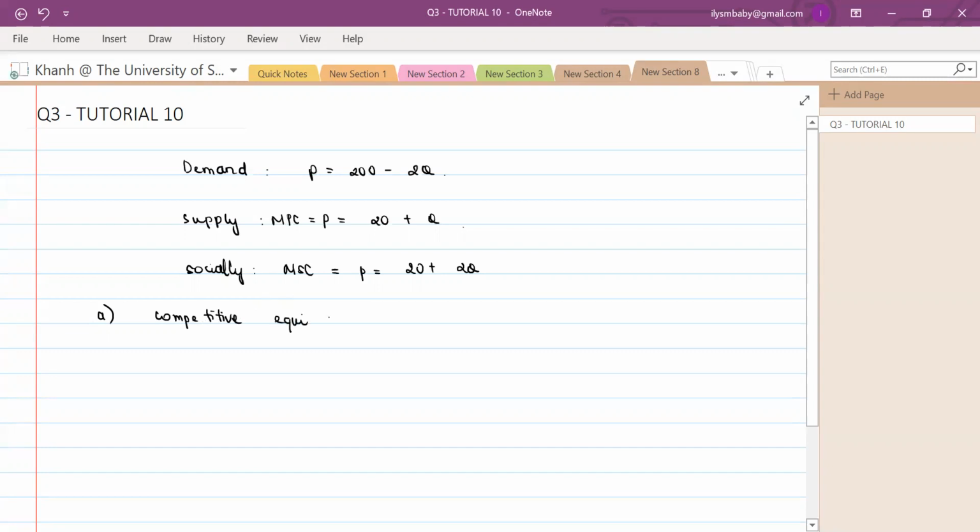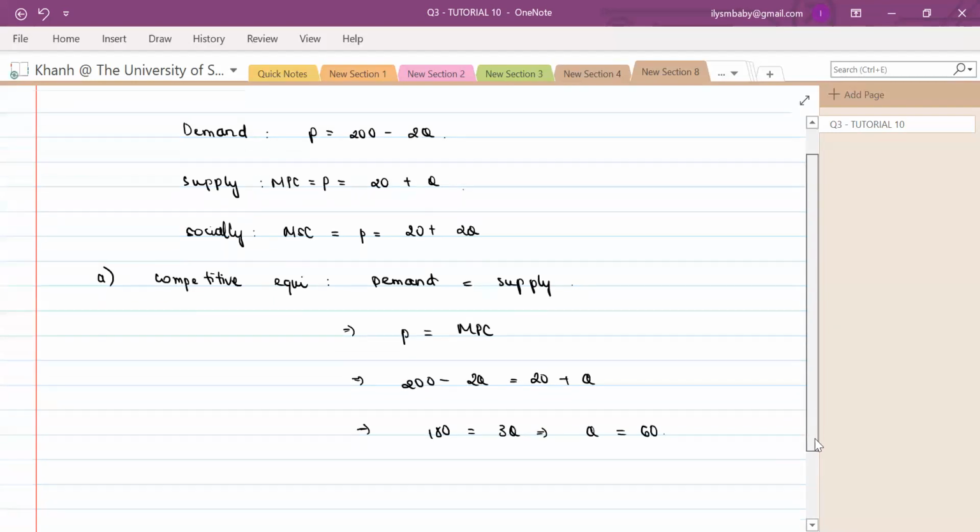Competitive equilibrium is where demand equals supply, so if you equate the price to the marginal private cost, you'll find the equilibrium. I got 200 minus 2Q equal to 20 plus Q, and solving this equation, I get 180 equal to 3Q, and so Q is equal to 60.